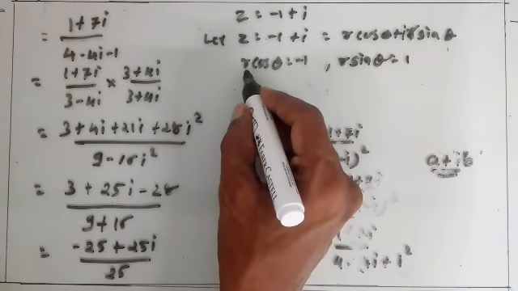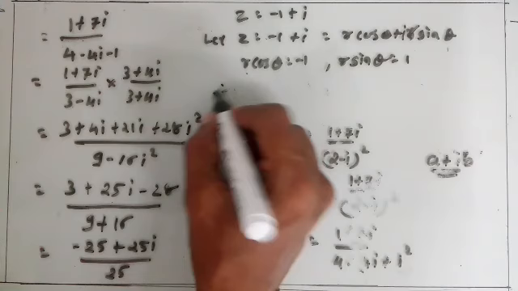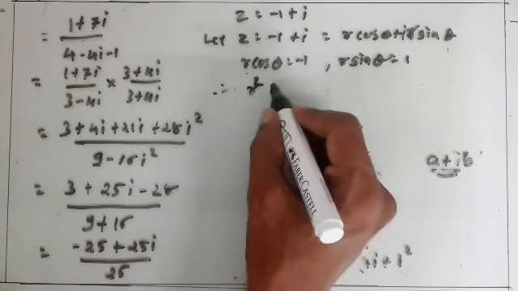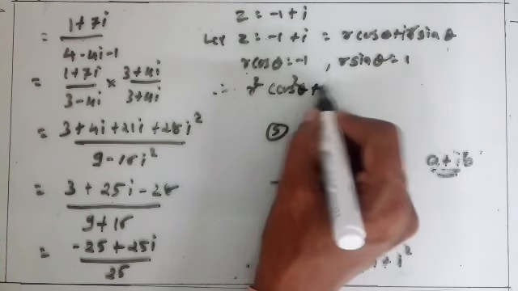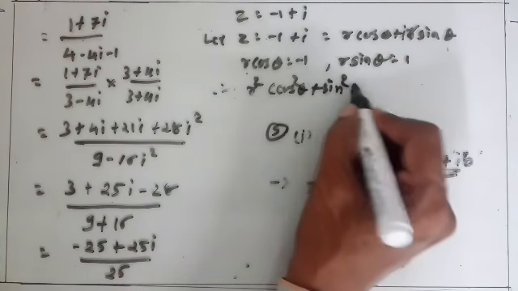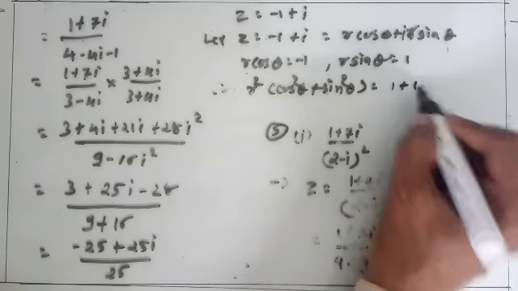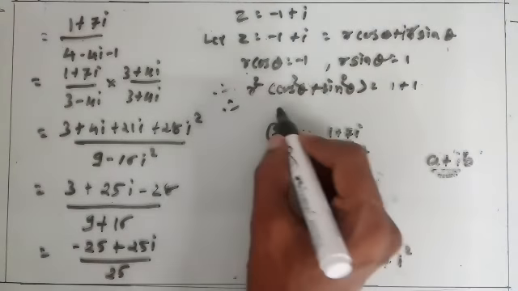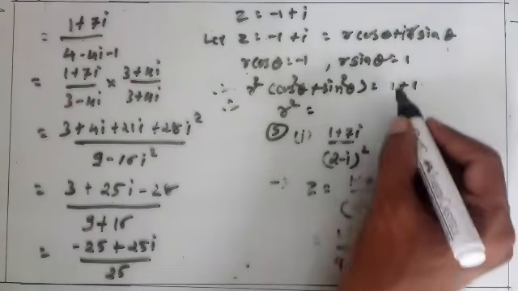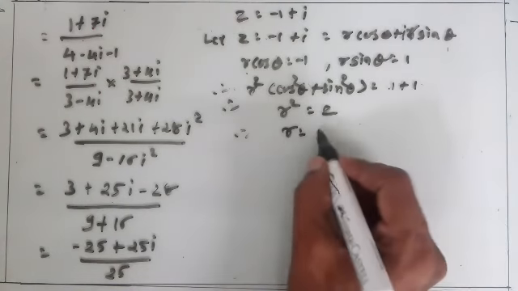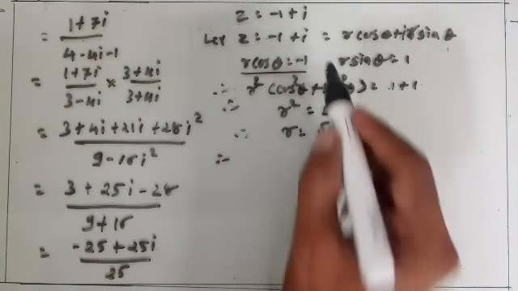Now take the square on both sides and add these two. We get r square (cos square theta plus sin square theta) is equal to minus 1 square, which is 1, plus 1 square, which is 1. Therefore r square into 1 is equal to 1 plus 1, which is 2, so r is root 2.